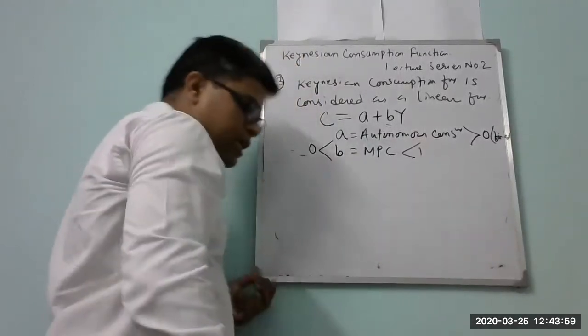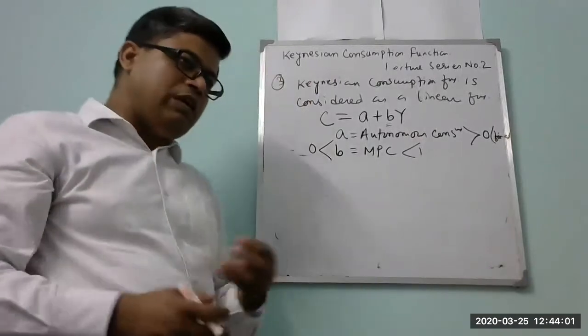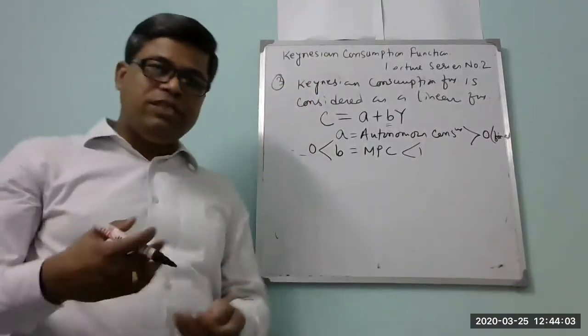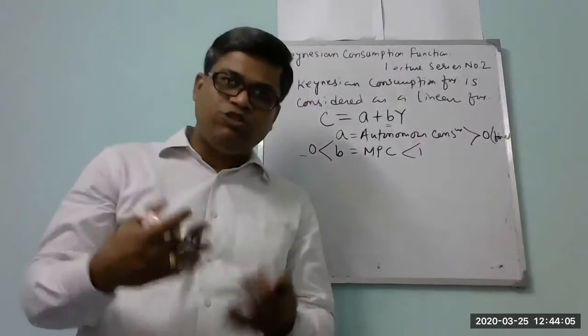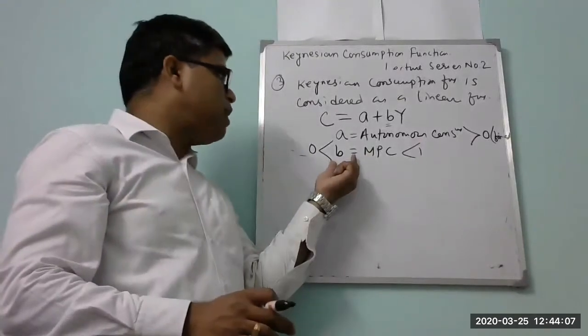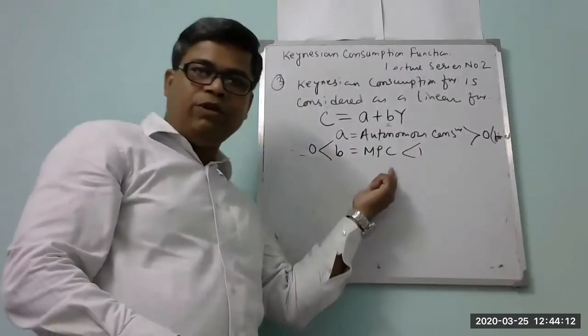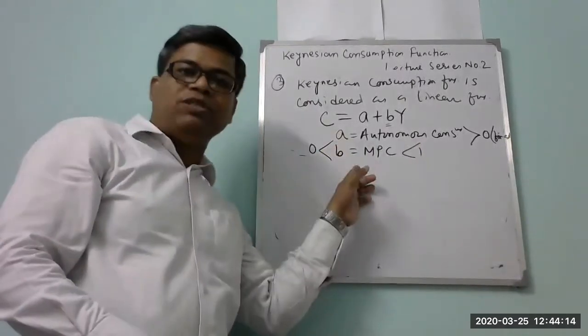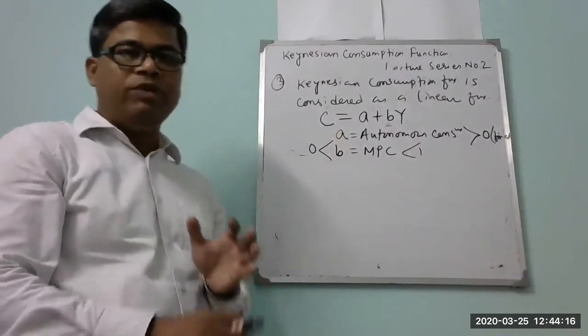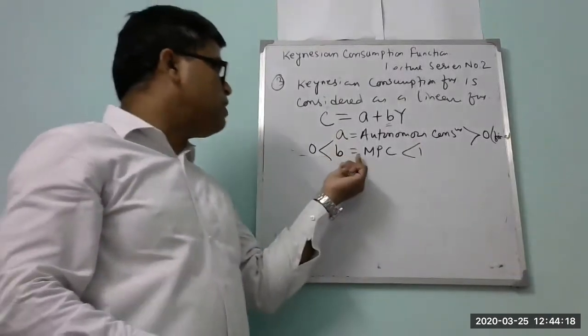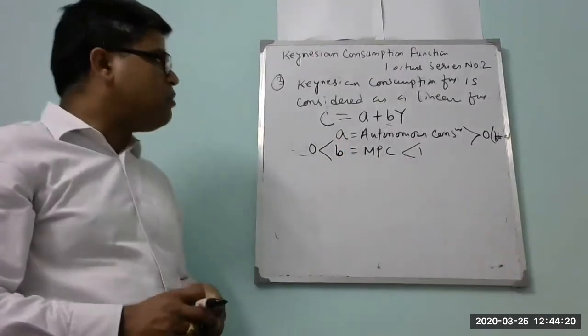If the income level changes, then the consumption level will also change. That's why the marginal propensity to consume is positive, but less than 1, because the change in consumption is always lesser than the change in income.